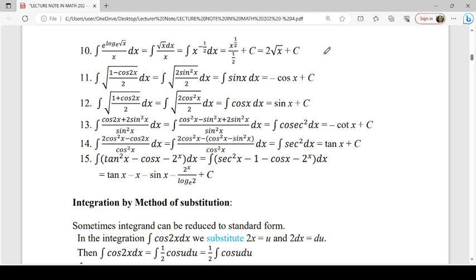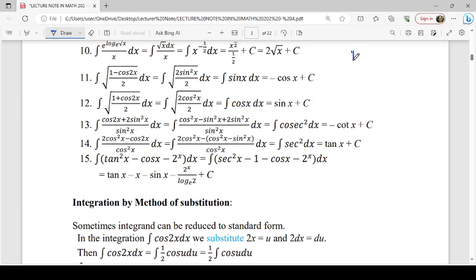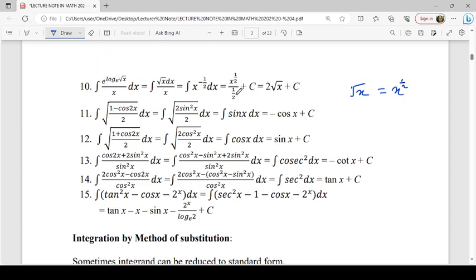Root over x means x to the power half, so root over x by x is x to the power half minus 1. So this becomes x to the power minus half. Minus half plus 1 is half, divided by half, so x to the power half, where I am writing root over x, and half is the denominator, so this becomes 2.